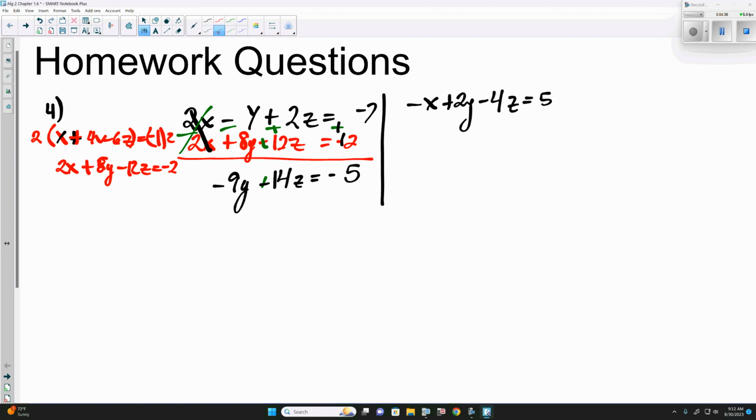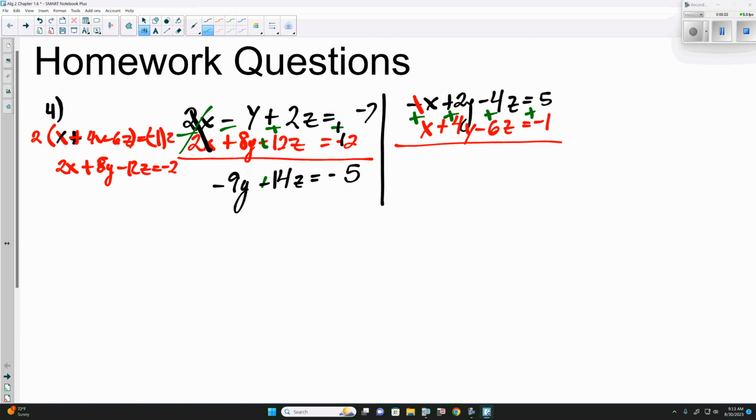Now, for the other equation, with 4y minus 6z, the x's are already the same, so we don't have to do anything to it. We can put it just underneath. And this time, unlike the other, we're going to add the 2 equations because the signs are opposite.